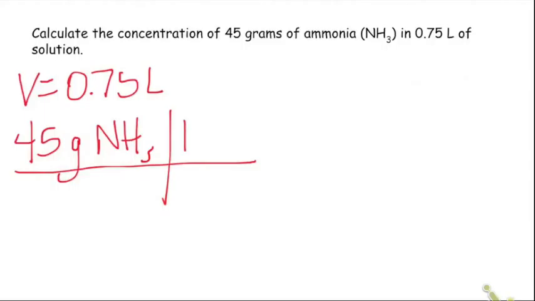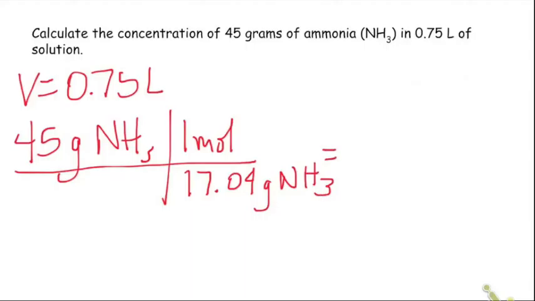And remember, our molar mass is that 1 mole equals the mass of everything added up from the periodic table, which in this case is going to be 14.01 plus 3 times 1.01, so 17.04 grams of ammonia make up 1 mole of ammonia.